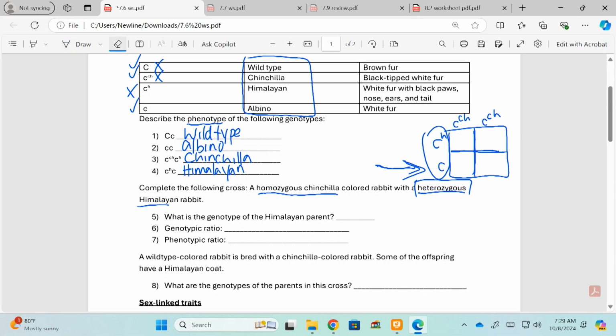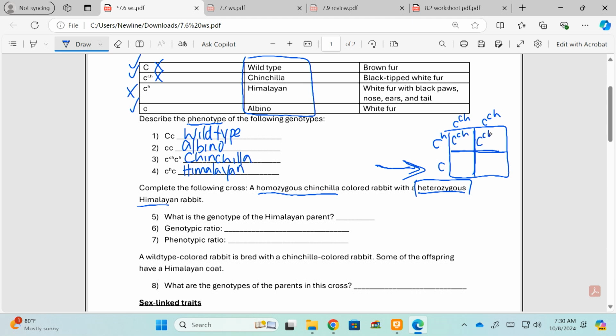So hopefully that makes sense, but once we have that filled out, we just fill in our chart here, okay? I know these look super confusing because of the way you write these alleles.